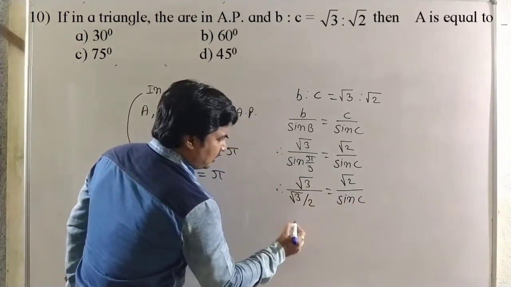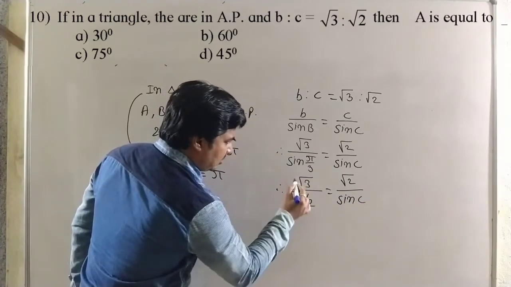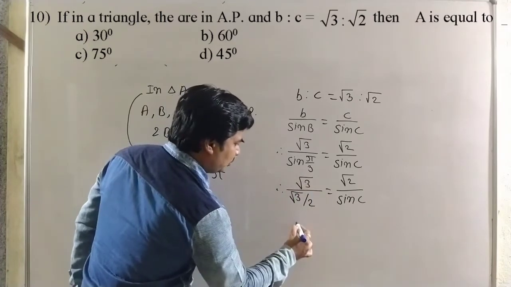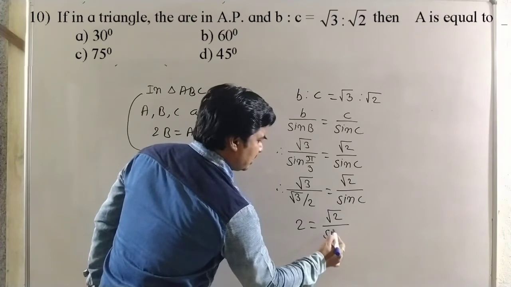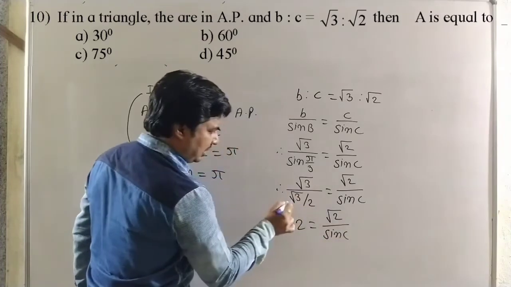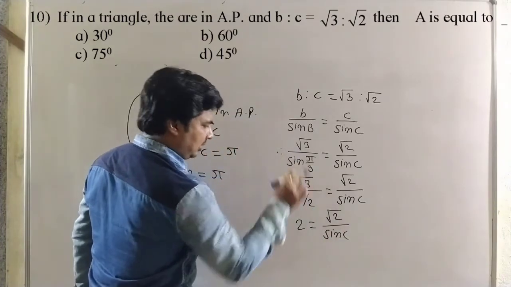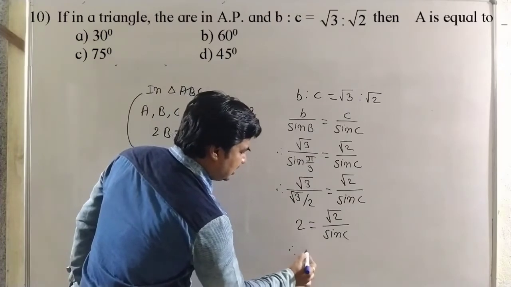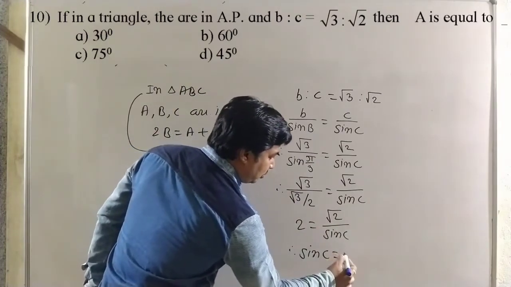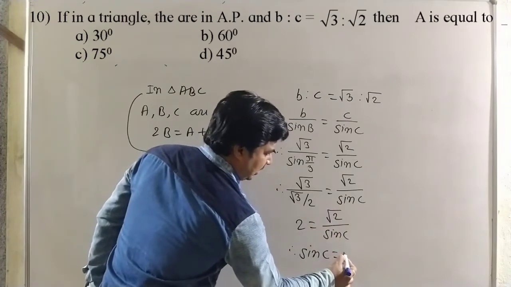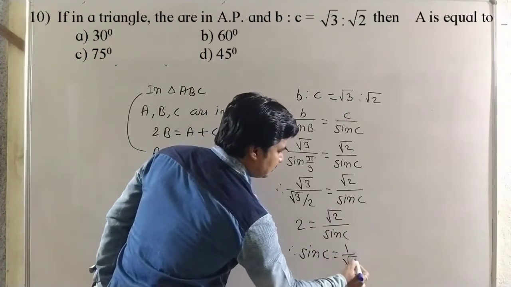Root 3 cancels, it is 1 upon 1 by 2, that means it is 2, is equal to root 2 upon sin C. Root 3 gets cancelled. Here 1 by 2 we write in the numerator, and therefore sin C is equal to 2 upon root 2 upon 2, that means 1 by root 2.